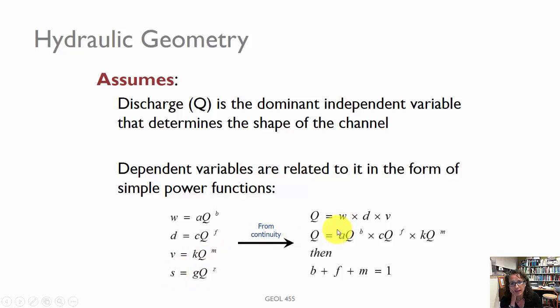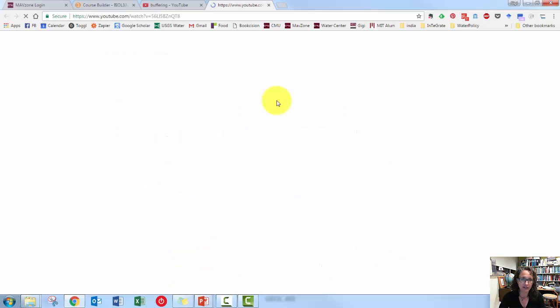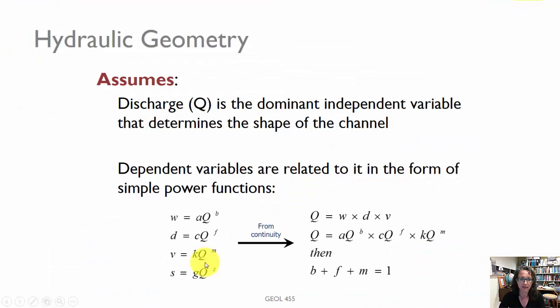And we know that discharge equals width times depth times velocity. So we know then if we plug in a times Q to the b for width, and we plug in c times Q to the f for depth, and we plug in k times Q to the m for velocity, then we know that b plus f plus m has to equal 1 in order for Q to equal that.